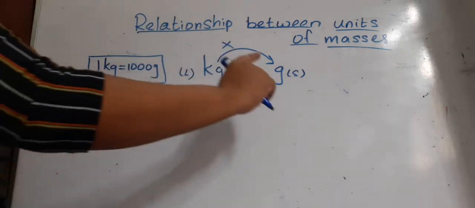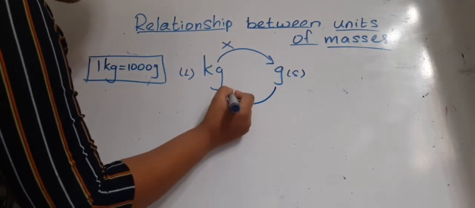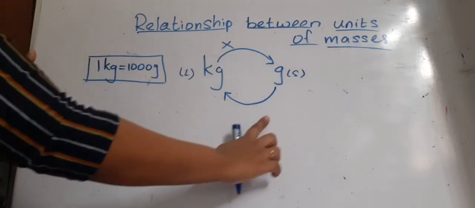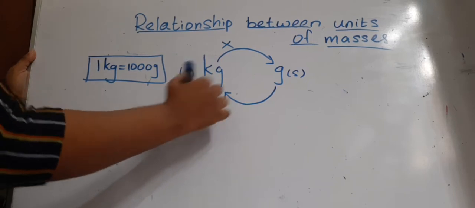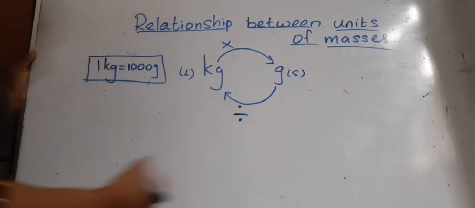The same goes the other way. If you are converting from a smaller measuring unit to a larger measuring unit, you will always have to divide by the relationship.